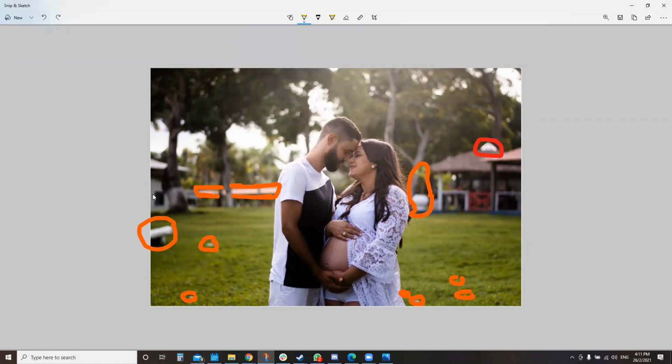Okay, the client wants this. What the client doesn't want is these kinds of things that are odd and distracting, that make the picture look not good, not perfect basically.